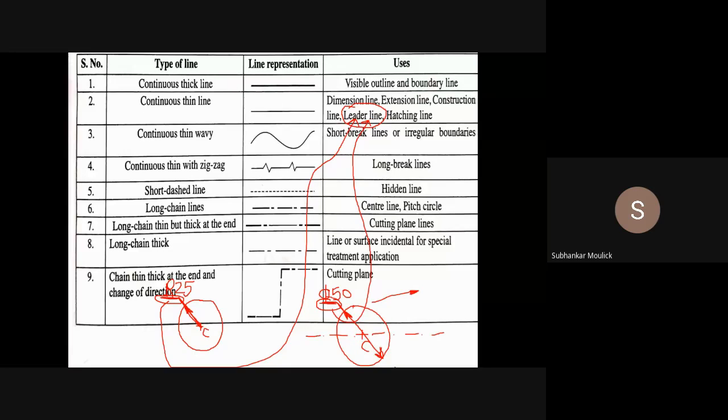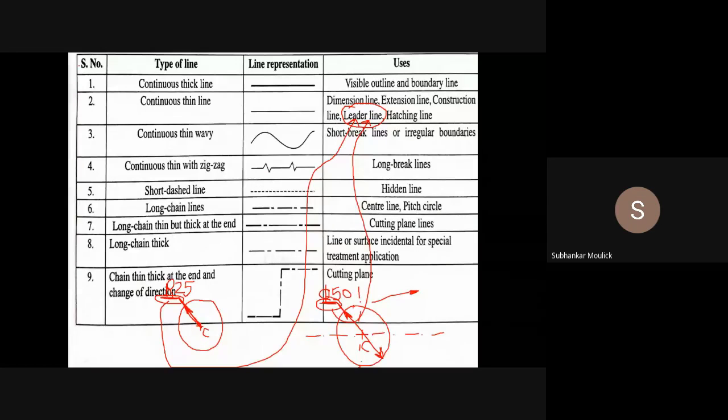If I consider the horizontal axis and the vertical axis, this is the center line of the circle. But I have not drawn a central line. I have drawn an inclined diameter line and an inclined radius line. This is not the central line. Can you identify the difference?